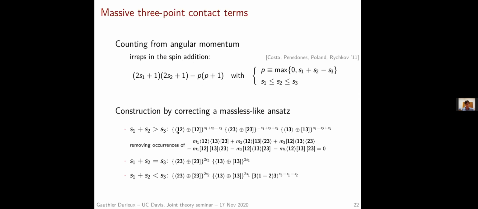So what we started from is similar to the massless case. Each of the spinor products, which is basically either angle or square brackets, is raised to the appropriate power, such that indeed you have 2s spinors for each particle of spin s. So for this to be a contact term, all the powers should be positive, which means that this ansatz is only possibly applicable for a higher spin bigger or equal to the two smaller spins.